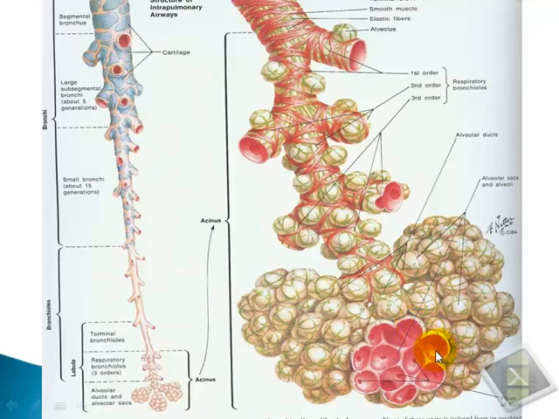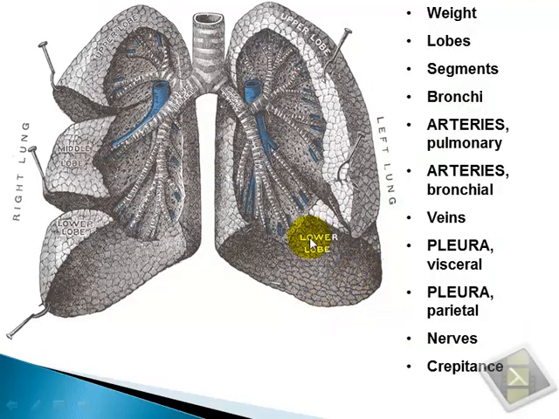That means the exudate, in cases of inflammation, can come through this pore of Kohn and go into this alveolus, and the bacteria can get disseminated throughout the whole acinus and throughout the whole lobule, and finally may involve the whole lobe.